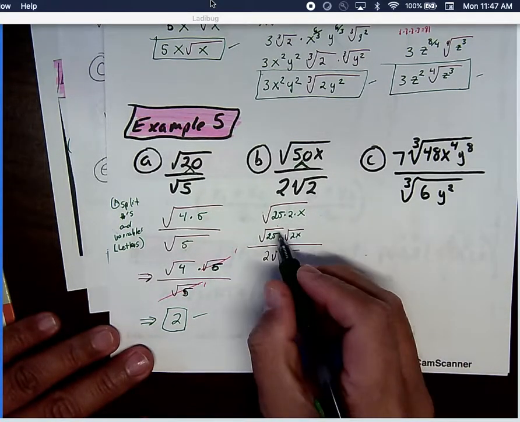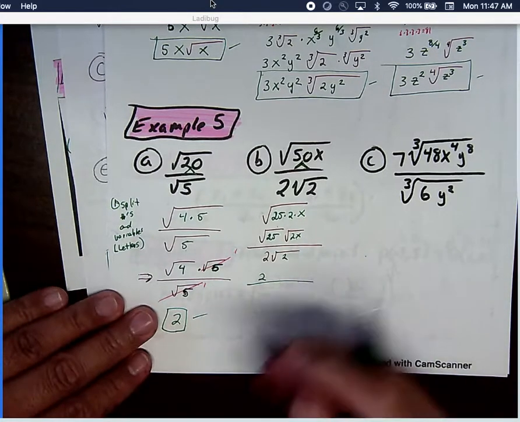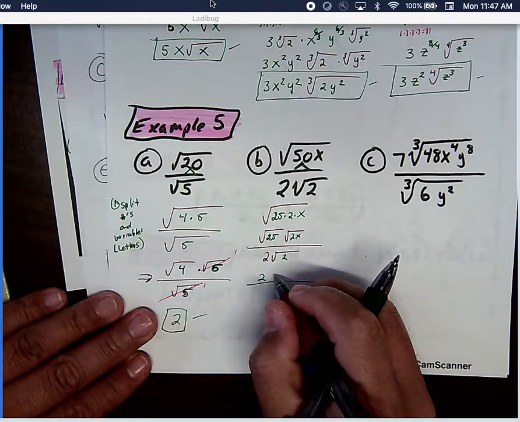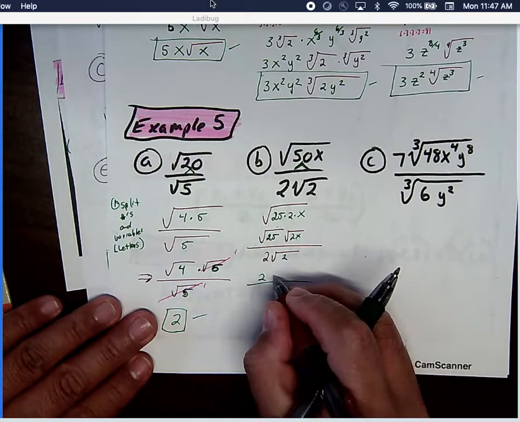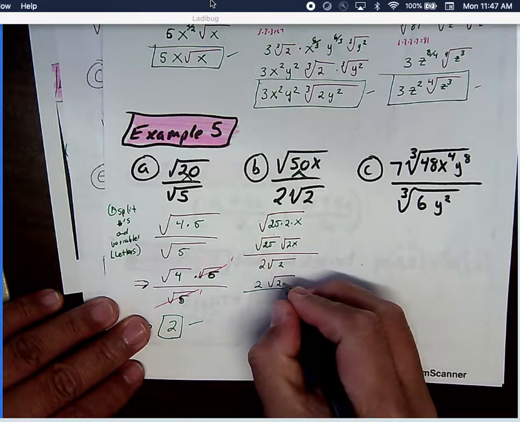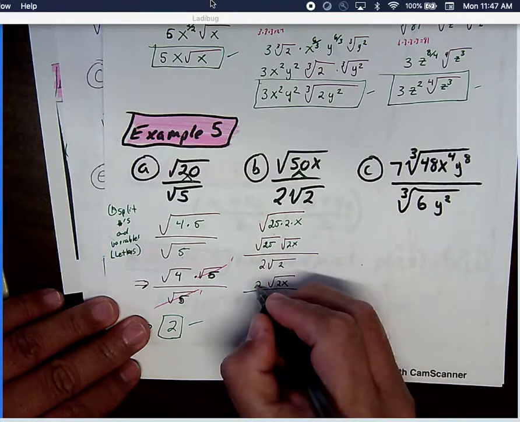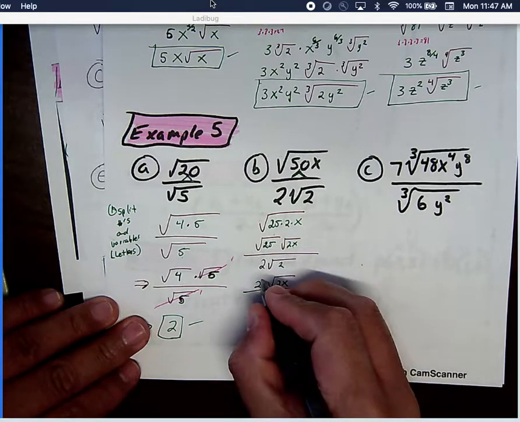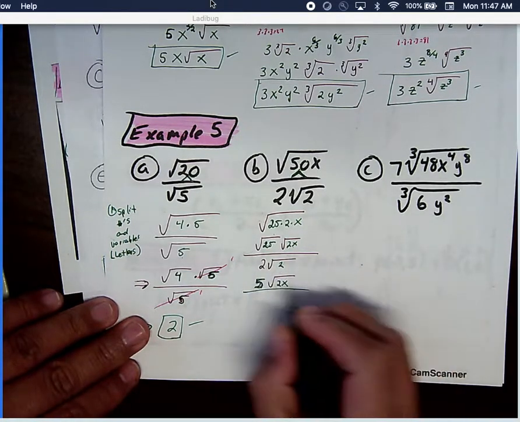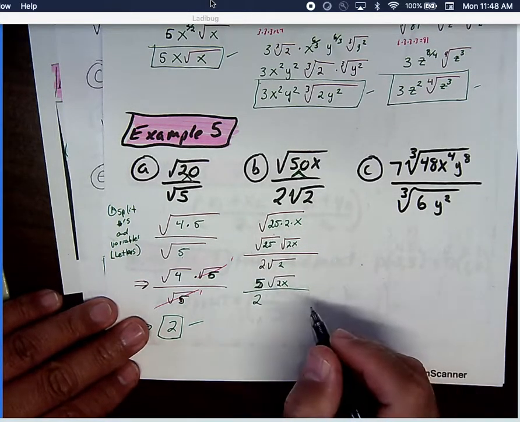Square root of 25 would be 5, not 2, I don't know why I said 2. And then we have the 2 here. I got confused with that.